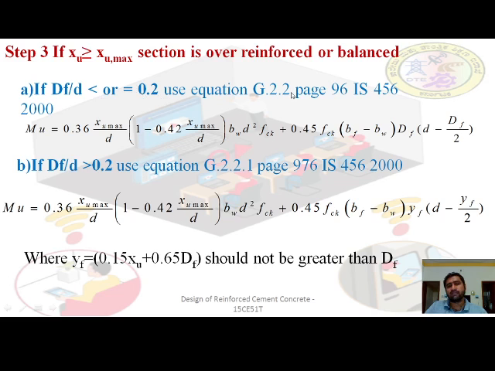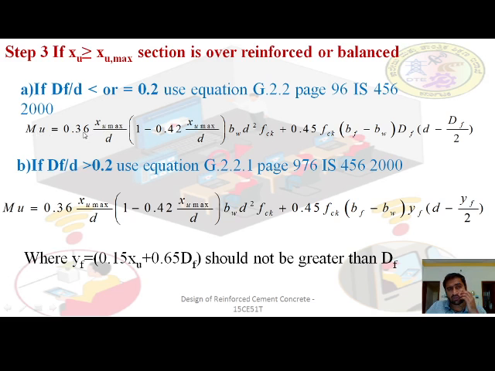Then use equation G-2.2, page 96 of IS 456. On page 96 of the IS code, they have given this equation. By using this equation, we are going to calculate the moment of resistance of the section.